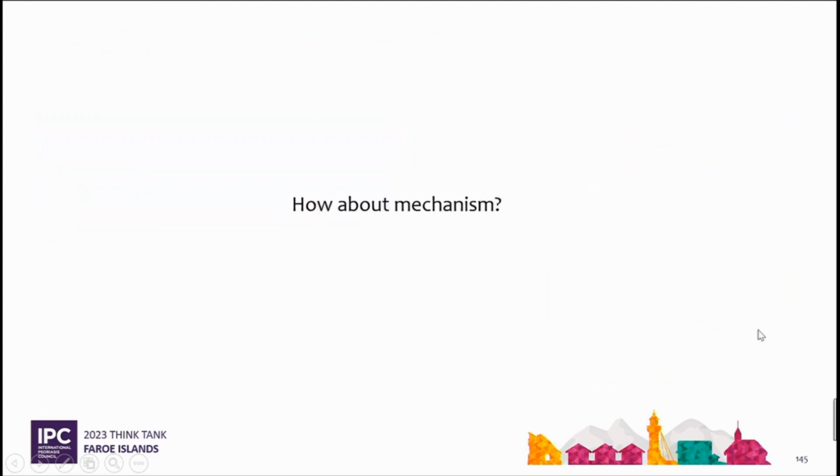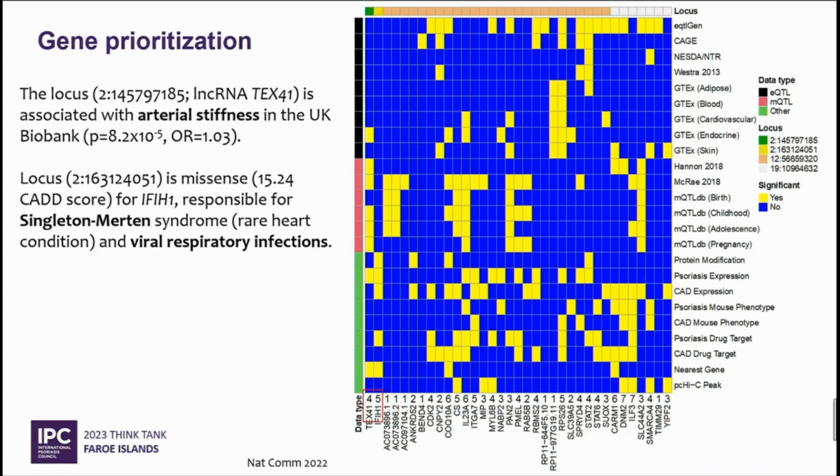So how about mechanism? We talked about being in the same region and in the same signal. So what are the potential mechanisms involved? We see that many of those are regulatory in nature, and some are protein-altering genetic variants. So we look into multi-omics data. This is a lot of information in here. First, when you look into it, these are the 4 different loci, okay.